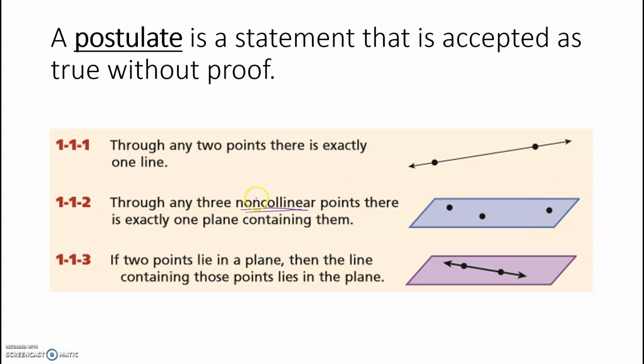And that kind of tells you why you can't use collinear points to name a plane. Because if 3 points are on the same line, you could be naming multiple planes that go through that line. As soon as you have non-collinear points, there is exactly one plane. And then the last one, if 2 points lie in a plane, then the line containing those points lies in the plane. So if these 2 points are in the plane, then that line will be in the plane as well.